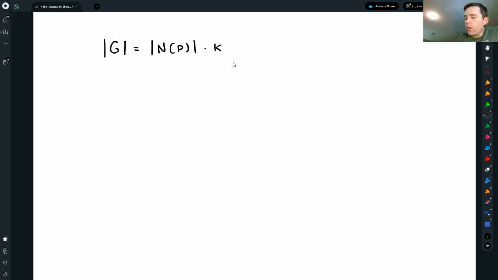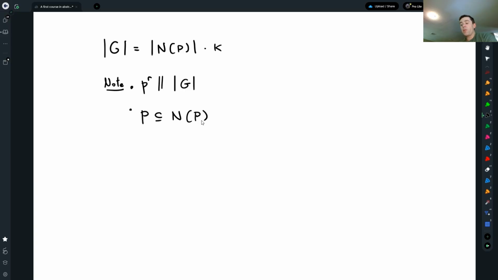Now, notice that P to the R is the largest power. This double bar means the largest power dividing the order of the group. And also note that P is contained in the normalizer of P, because the normalizer consists of those elements g of G such that when you conjugate, gPg inverse, you get P back.